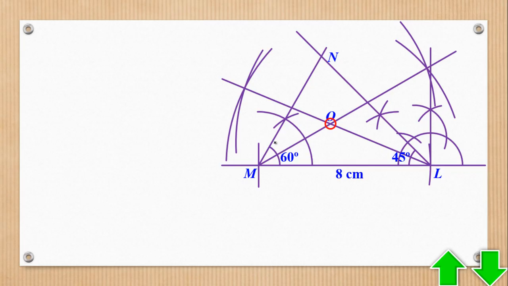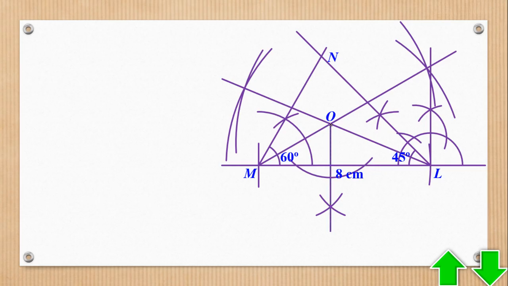So put the compass needle there, draw an arc of any radius to cut the side you want to drop the perpendicular to. Then put the compass needle there, make an arc of any radius, remove the needle from there, put it here, make an arc of the same radius. Then draw a line through O to the intersection.